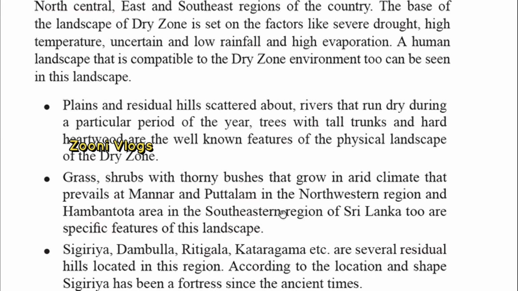Not only that, we can see tall trunks and hardwood also. Mannar, Puttalam in the northwestern region and the Hambantota area in the southeastern region of Sri Lanka too are specific features of this landscape. Very important, underline these things.